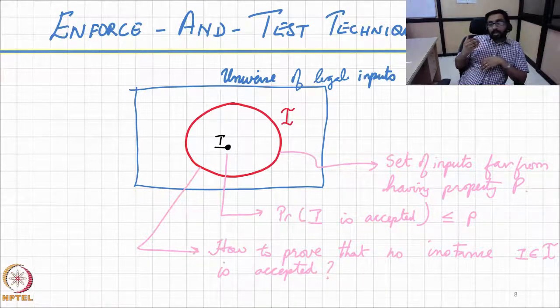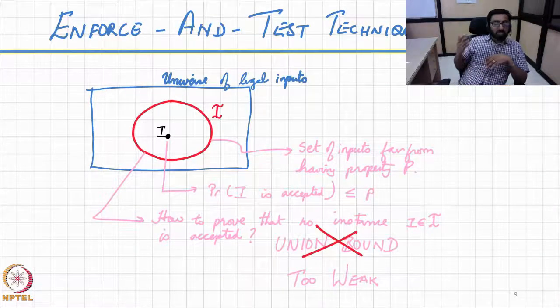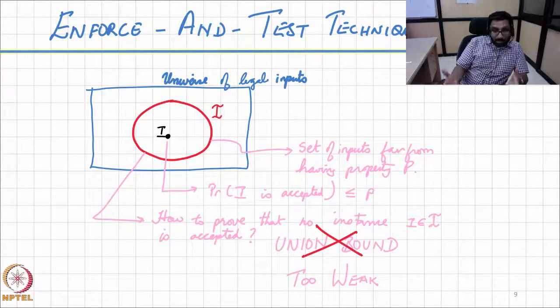So what are the ways in which we can do that? We can use the union bound. So we can say, okay, if this one instance is not accepted with probability p, then all of these instances are also not accepted with probability that's equal to the cardinality of the set I times p.